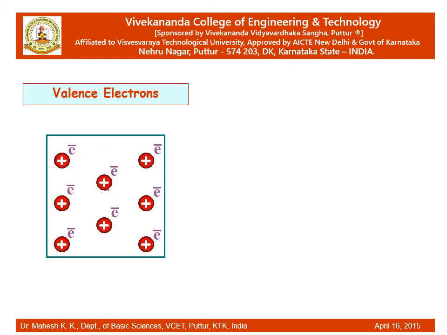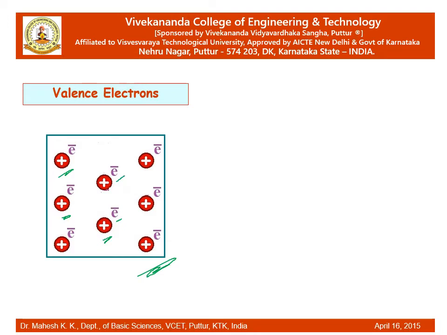Now let us generalize the element to a solid. Consider this as a solid with many elements. This is one element, another element, another element. Elements here means the atoms. So it is made up of several atoms, each having one electron free in the outermost shell.